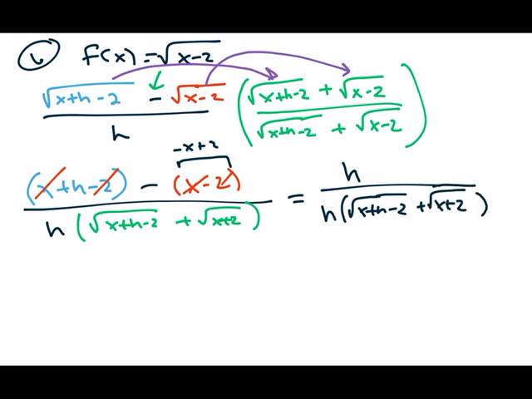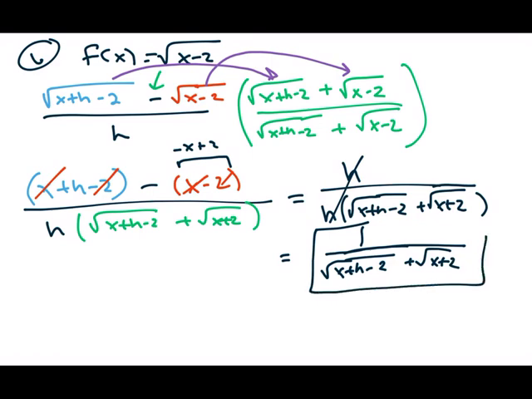So my h's will divide to be 1, and my final answer will be the square root of x plus h minus 2 plus the square root of x plus 2. And this may look messier than this expression up here, but in future sections, when we start taking limits involving these difference quotients, this answer is going to be much more helpful for you.